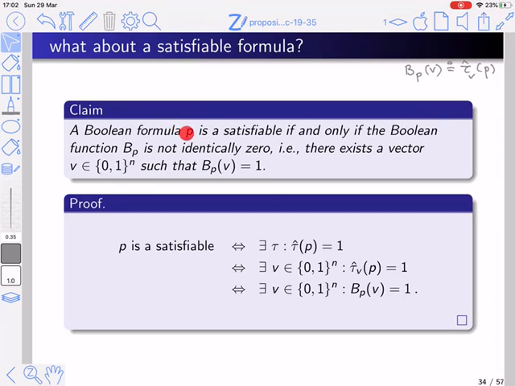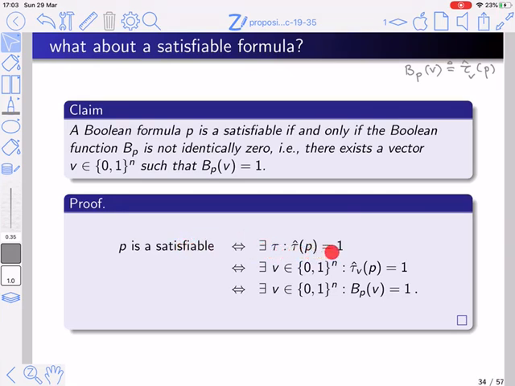Consider a formula P. We claim that P is satisfiable if and only if the Boolean function b_P is not identically 0. Namely, there exists a vector v such that b_P of v equals 1. Good, let's see the proof. If P is satisfiable, then there exists a satisfying truth assignment and vice versa.